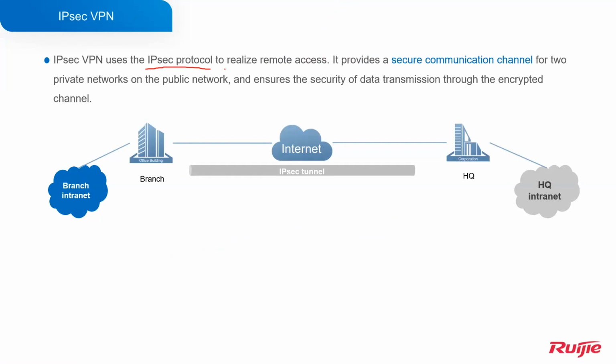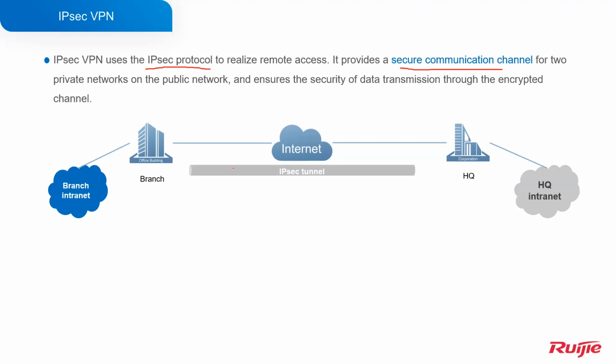Then we can provide a secure communication channel for private networks. And because this belongs to VPN technology, we can pass through the public network and ensure the security of data transmission through the encrypted channel. So this is the basic idea.